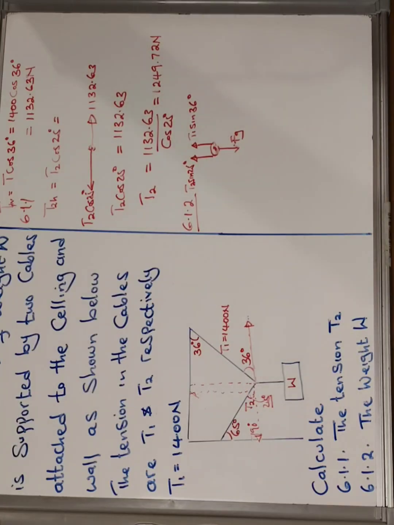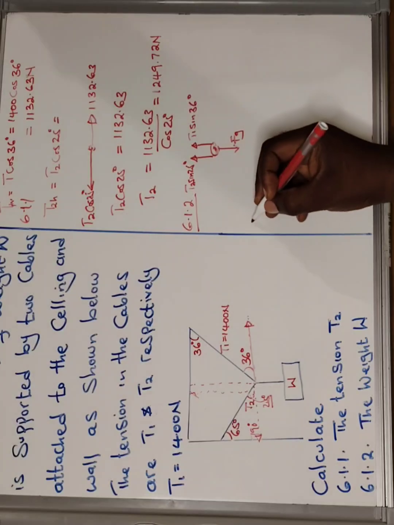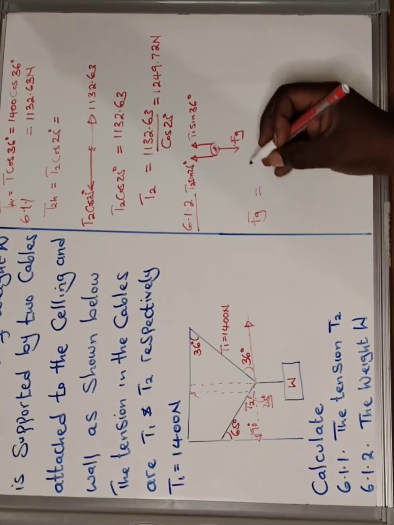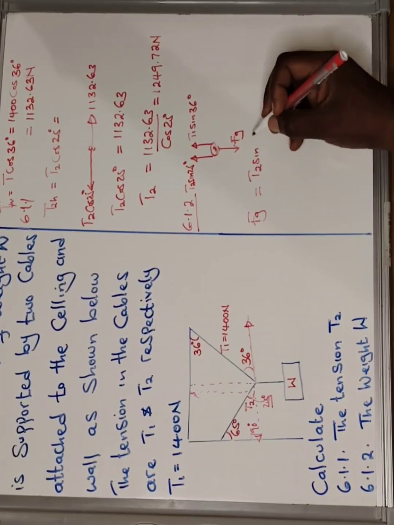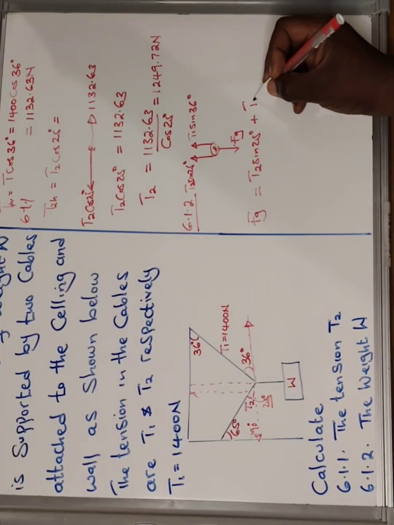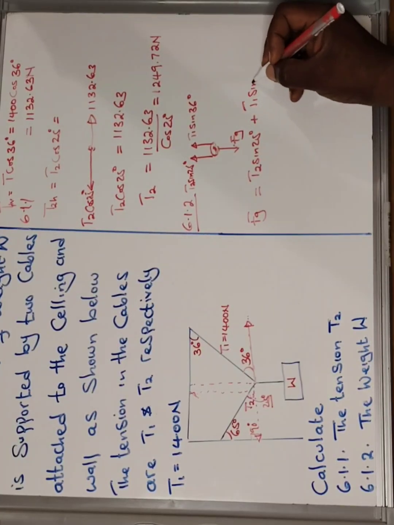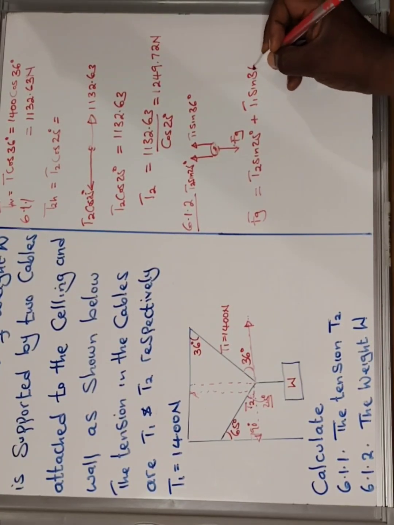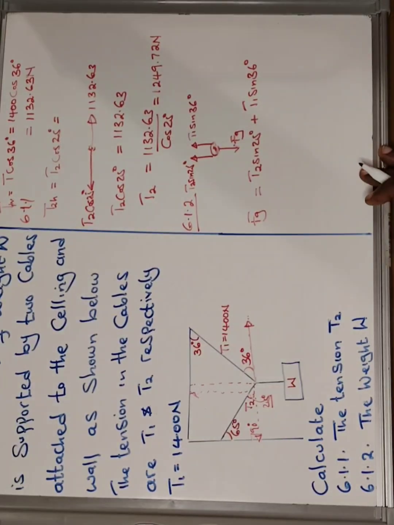What does it say? The equation says that Fg, this one, is equal to T2 sine 25 degrees plus T1 sine 36 degrees.